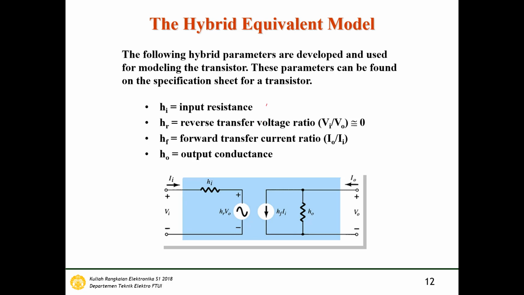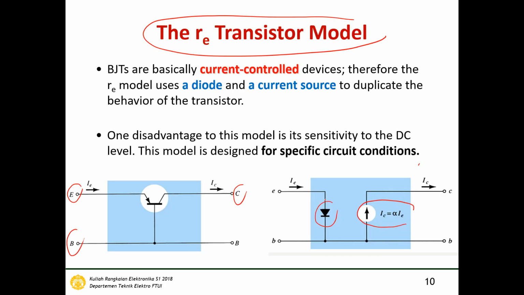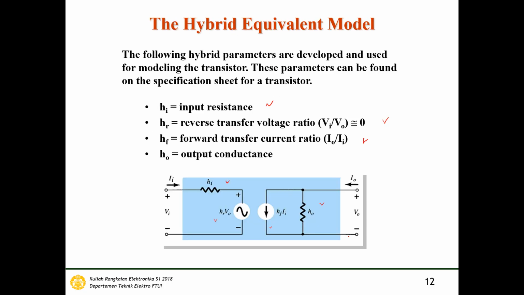We have hi, the input resistance, and then hr, the reverse transfer voltage ratio, which is V1 per Vo, and then hf, the forward transfer current ratio, Io per Ii, and then ho is the output conductance. So we can see here in the re model there is no input impedance and output impedance, but for the hybrid equivalent model we put the input resistance and output conductance here. So this is the complete model for the BJT.